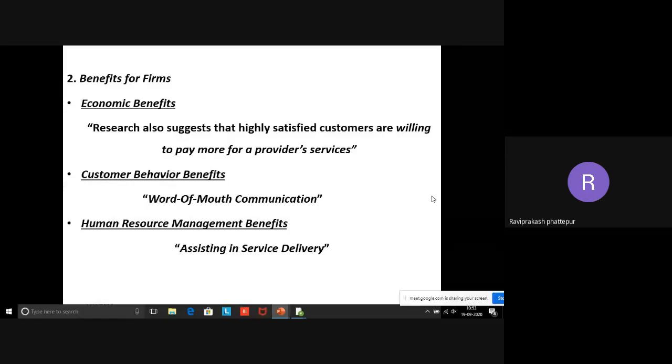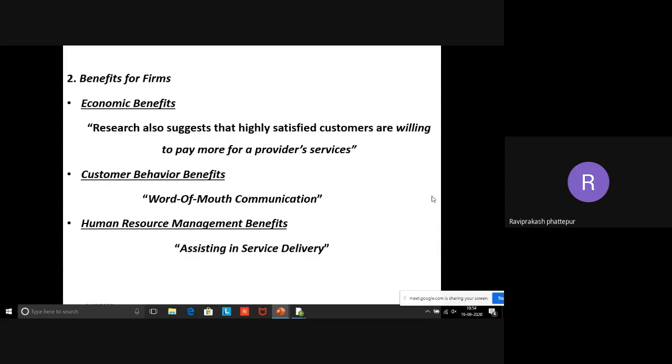At times there might be some issues with the food or the taste. If the customer is very well known to the firm, then he will adjust, not every time, but once or twice. So he will also assist in service delivery if and when required.